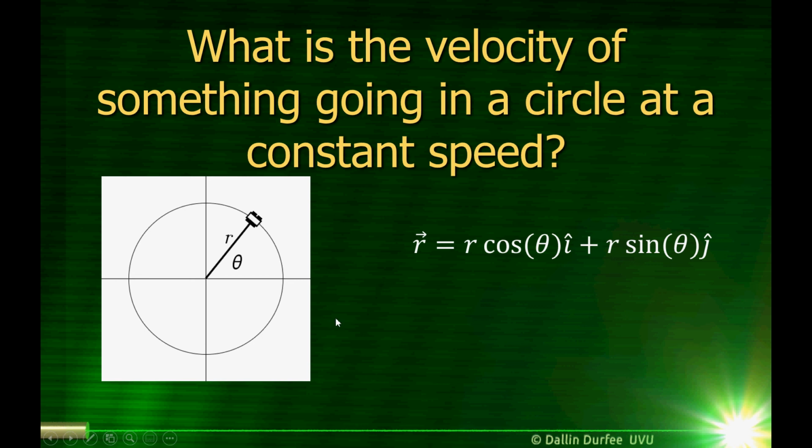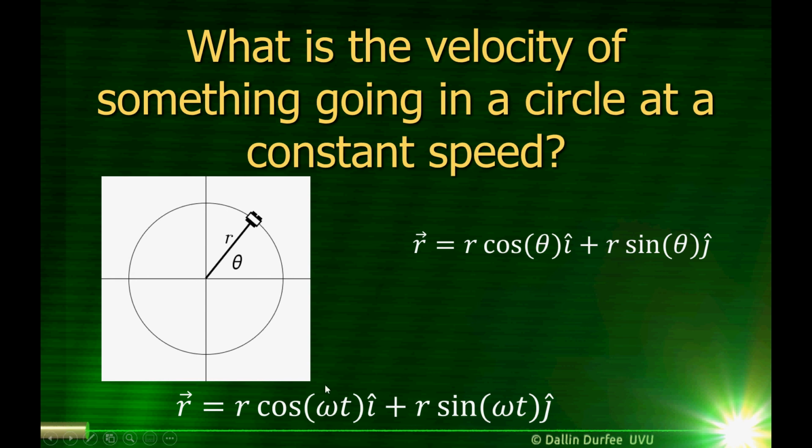Well, we want that then to change linearly with time, so let's make theta equal to a constant times time, omega times t. So there is the equation for the position of our car at every time as it moves in constant velocity around the circle.